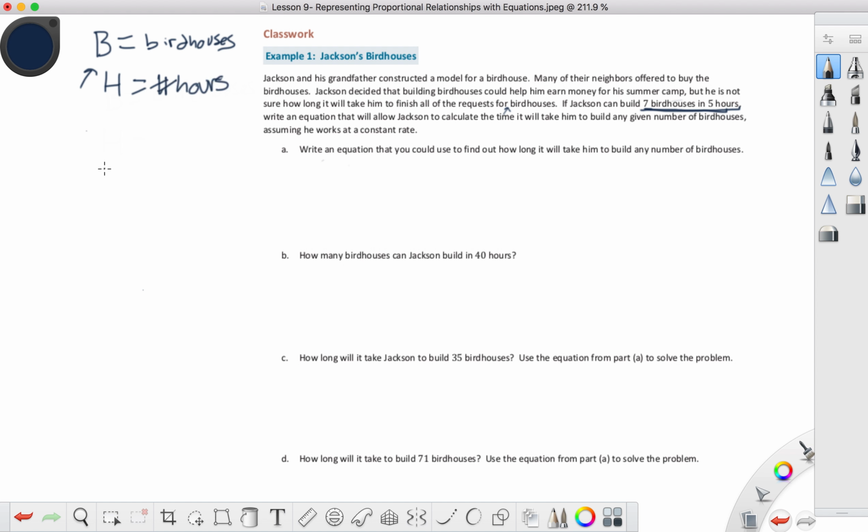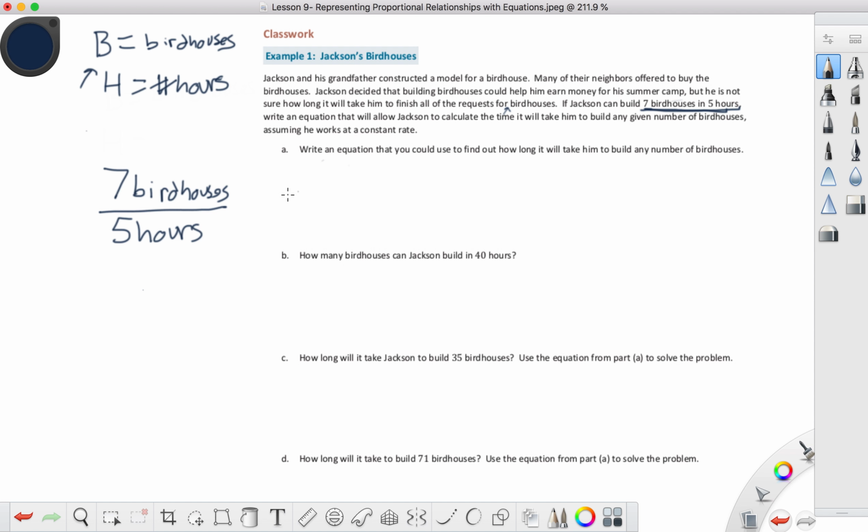So we know that he can build 7 birdhouses in 5 hours. So we're going to set up this proportion, or this ratio, as 7 to 5.